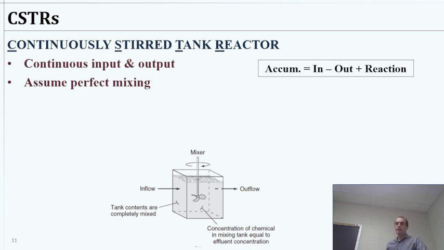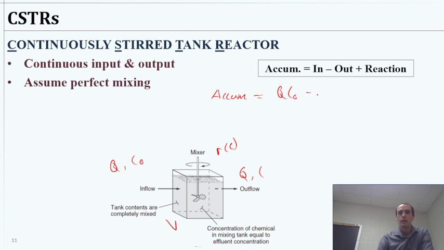For a CSTR, we have accumulation that may or may not be 0. It's going to be equal to what's coming in. If we have a Q coming in, a C naught, or C initial, a Q leaving, and a Q and a C final. Sorry about that. We have some volume, and we might have some reaction term inside as well. So then this is going to be Q C naught.